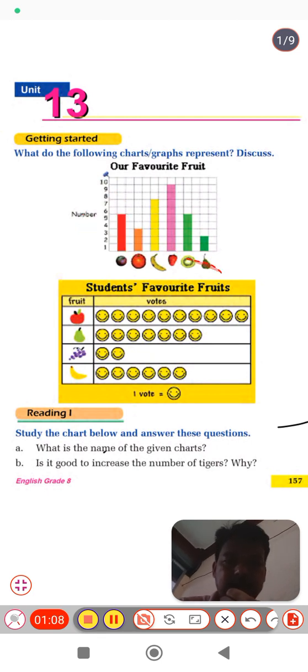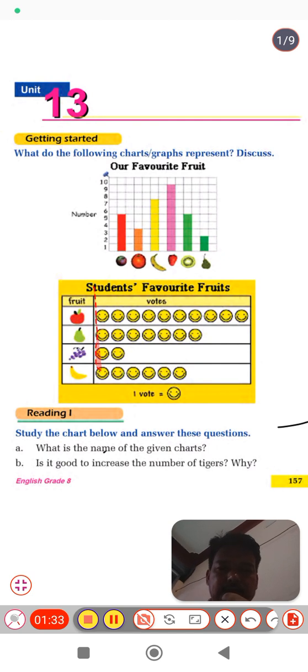On the x-axis we can see the fruits, and on the y-axis there are the numbers of the fruit. The first bar shows the number of the first fruit, the second bar shows the number of the second fruit, and the third bar is banana. It shows the number of bananas. So all these represent the number of fruits in a bar chart.